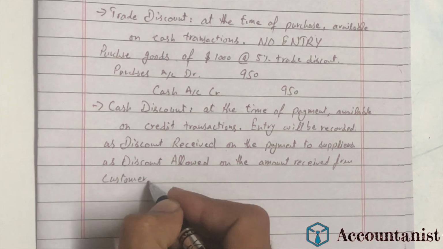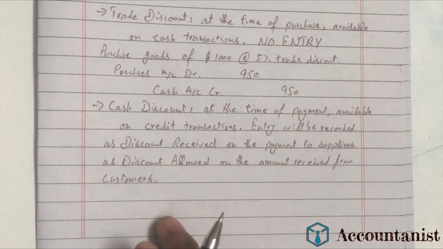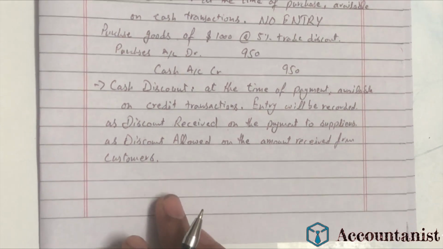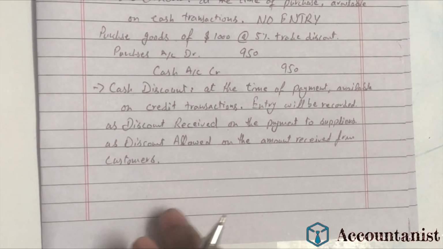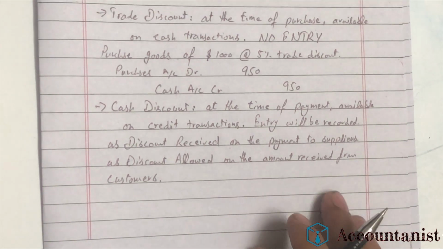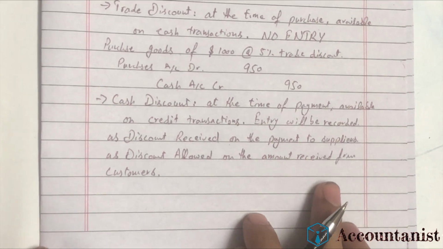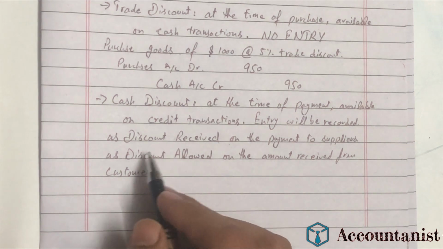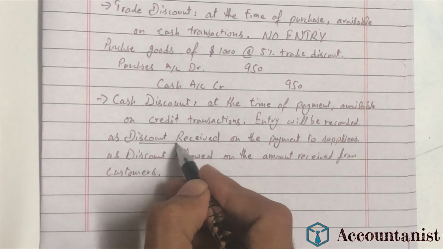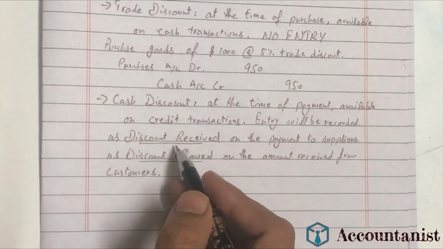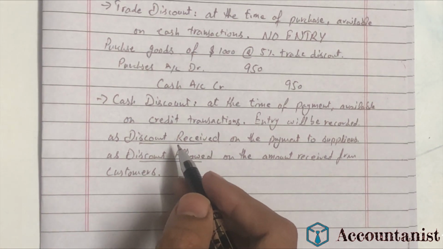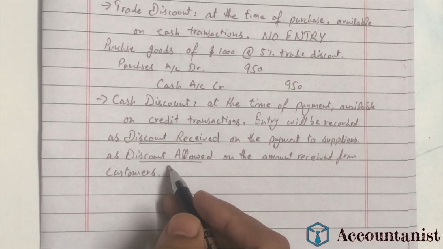So now we know that cash discount is the discount that we are going to record in the books. This discount can be the discount received or the discount allowed. Discount received will be our income, and the discount allowed will be our expense.